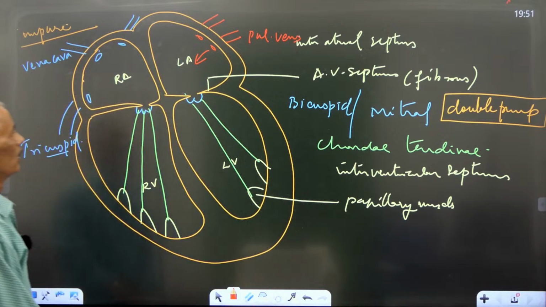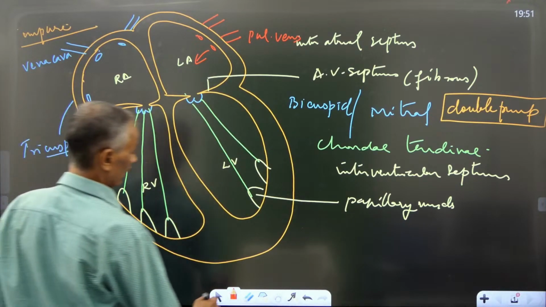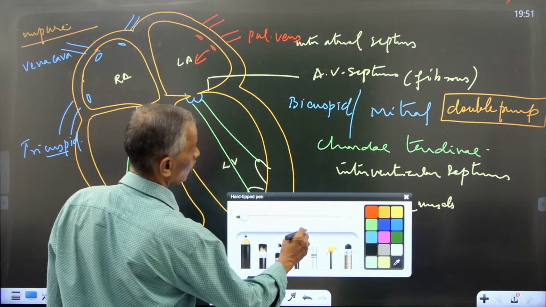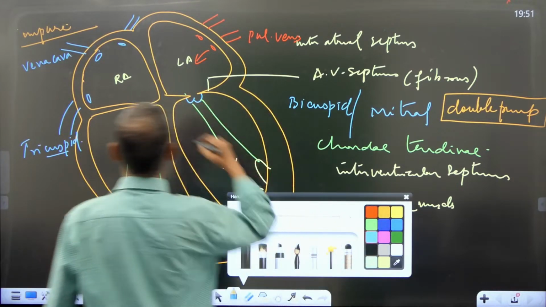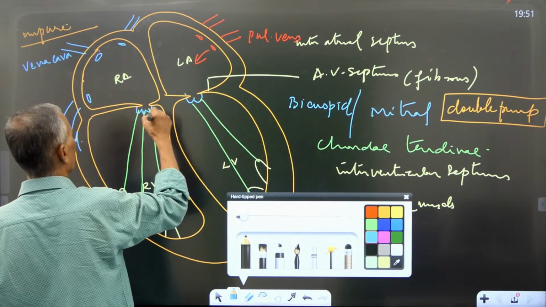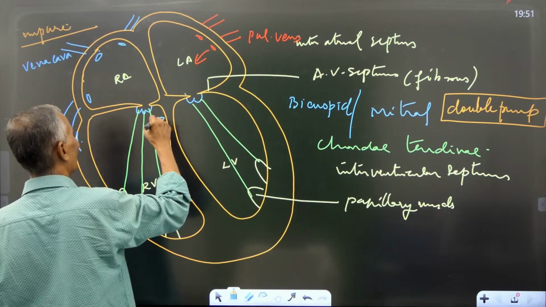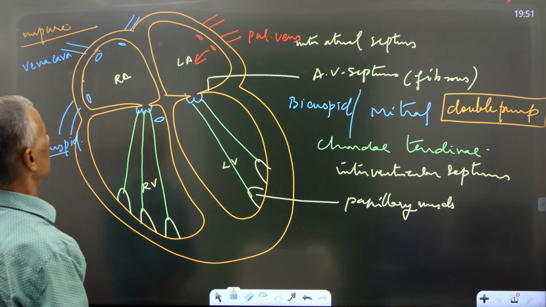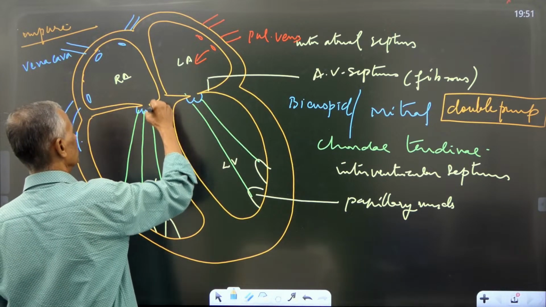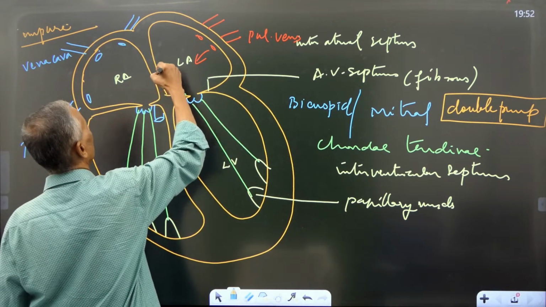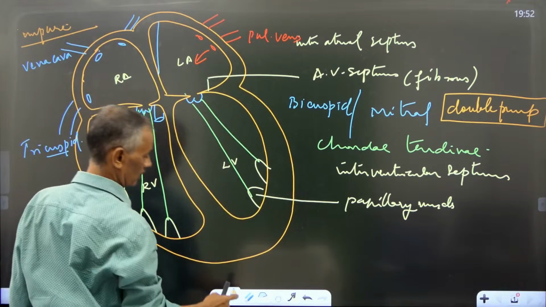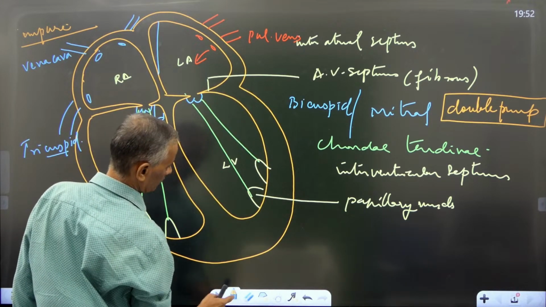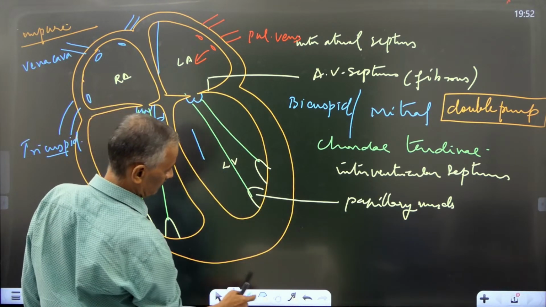Okay. Now, the impure blood that is brought by these vena cavae will be taken for oxygenation from the right ventricle by an important vessel. This vessel is called the pulmonary vein.